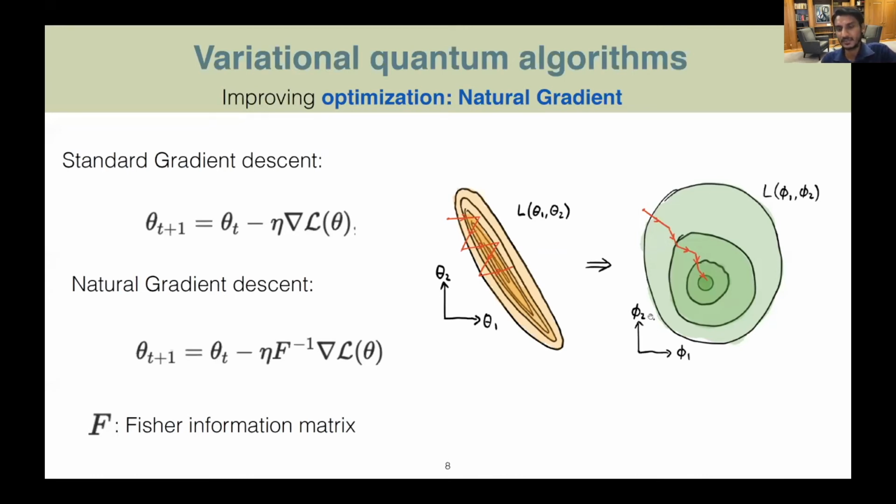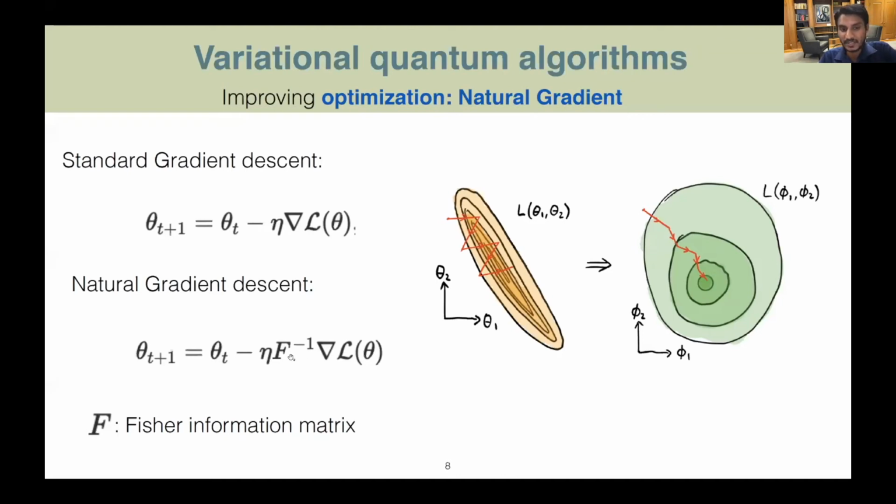For instance, if they can be mapped to phi 1 and phi 2, instead of taking random steps, we try to take steps in the direction of lower value of the loss function. And this is what is called the natural gradient descent method.